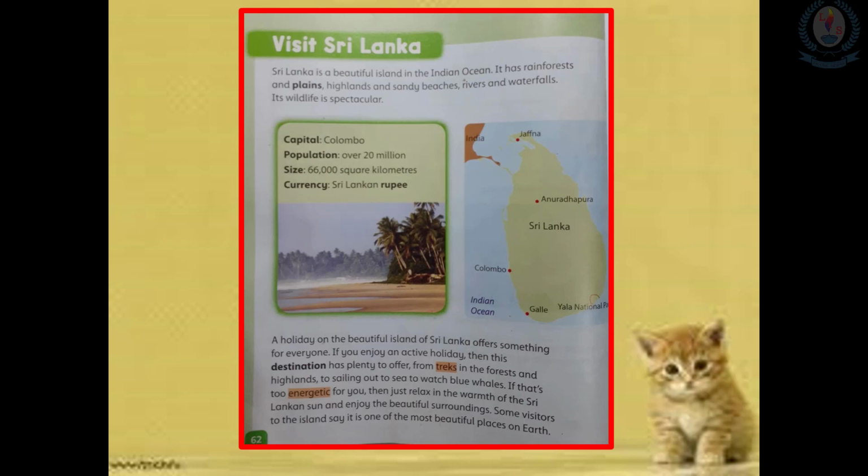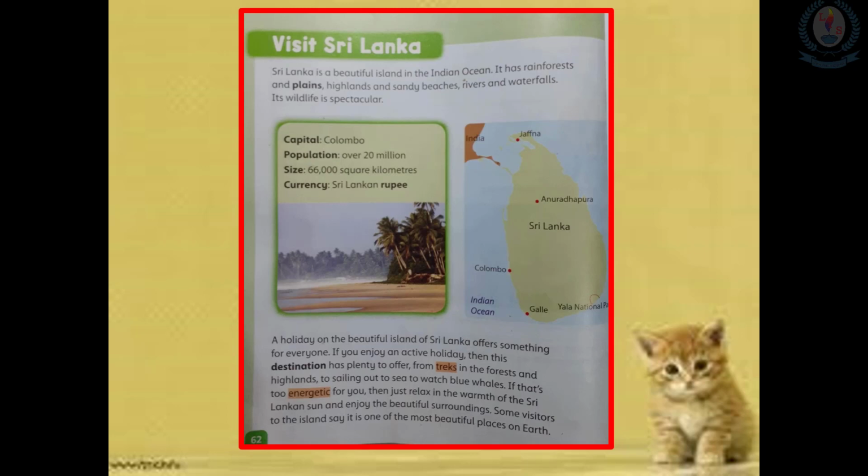How can this second paragraph attract tourists? Normally, the second paragraph mentions two types of holidays. If you want to have an active holiday, there are separate activities, as well as if you want to have a relaxing one, there are separate activities.